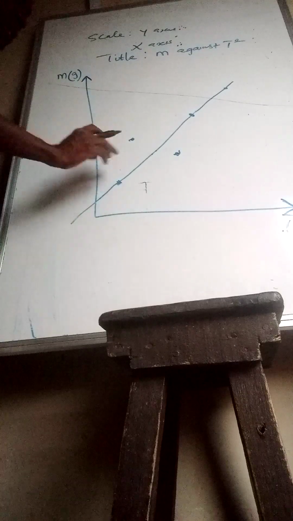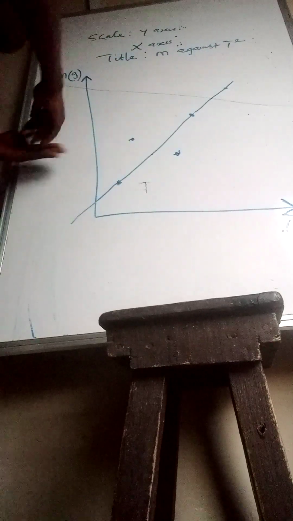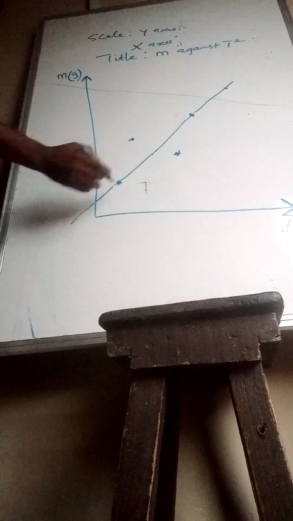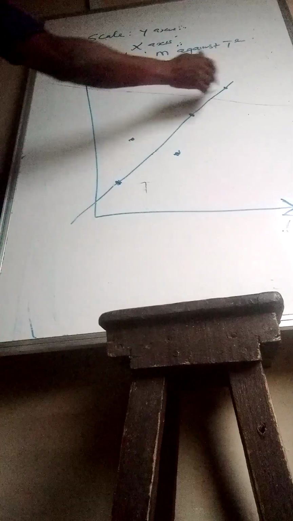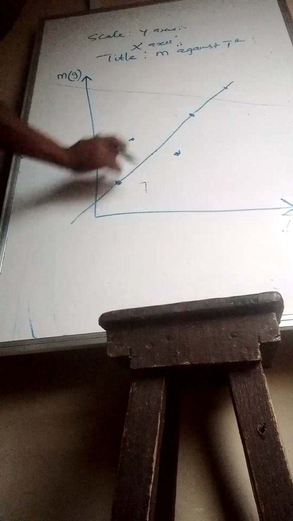Lastly, if you want to take the slope, what if the points you have on the graph drawn are spaced out, as in this case? I will advise you take the last and the first point as your scale for the slope.